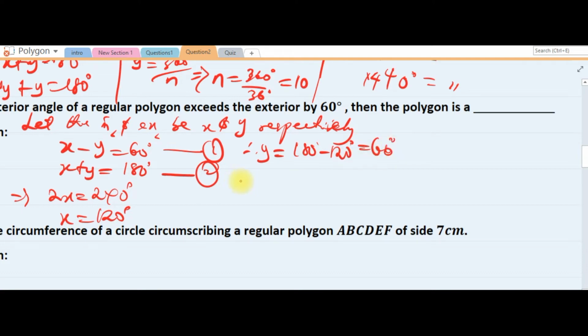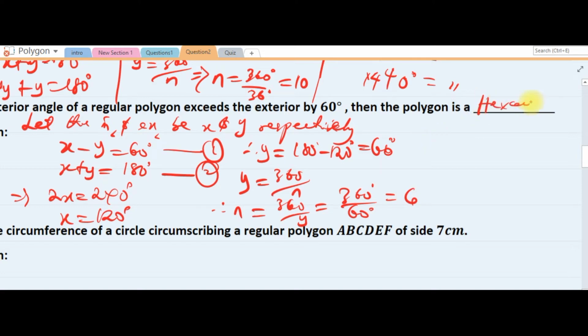So if you remember, for any regular polygon, the exterior angle is always 360 over n. Therefore, n is 360 over y, which is 360 over 60. So the answer is 6. So our answer is a hexagon. So the polygon is a hexagon.